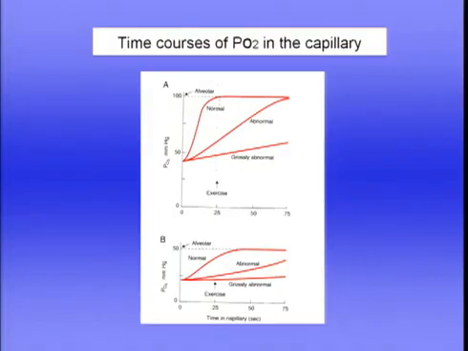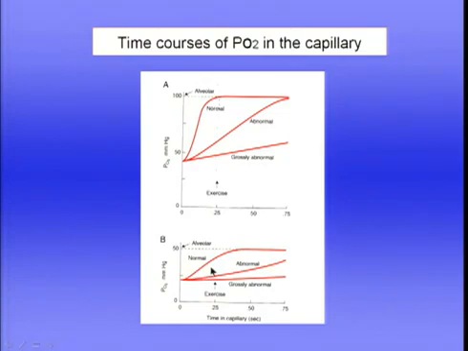When we have a situation as shown here, we're operating low on the oxygen dissociation curve. You see the alveolar PO2 is 50, the blood comes in at a PO2 of 30, so we've got an abnormal situation here. So the slope of the dissociation curve is very high under these conditions.